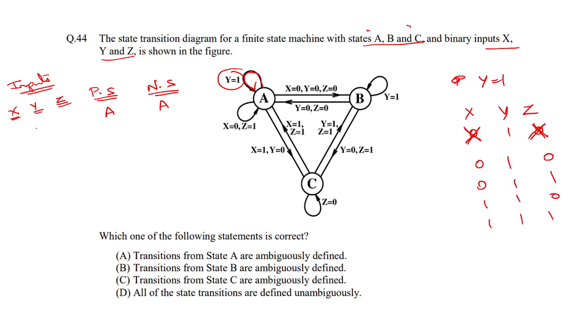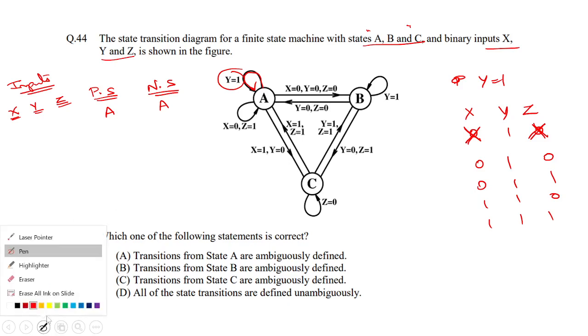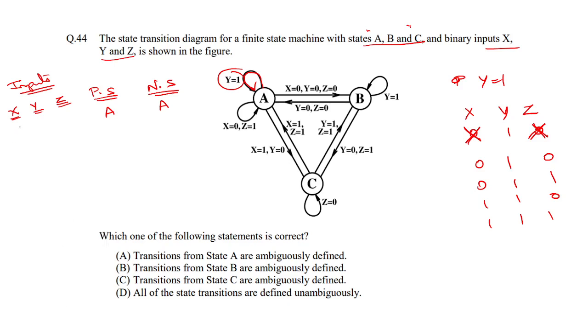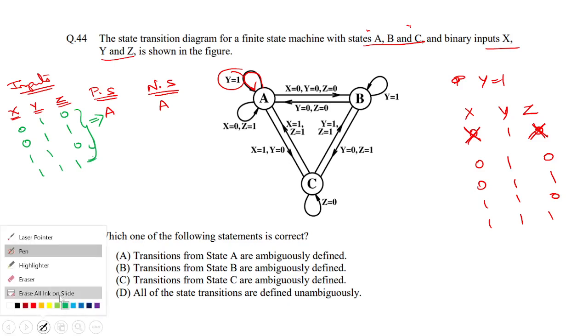So the four combinations, I am writing here together: 0 1 0, 0 1 1, 1 1 0, 1 1 1. All these combinations can take you from A to A.